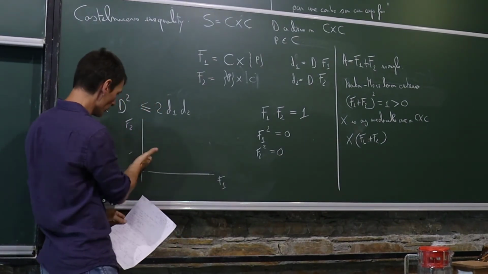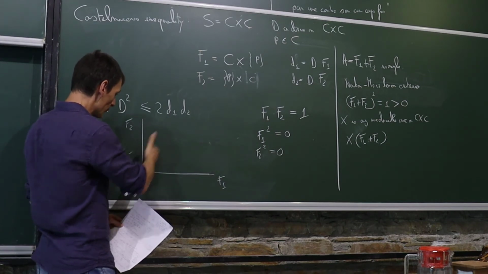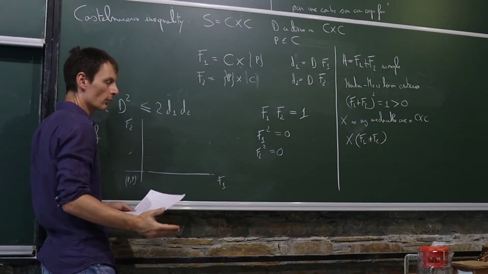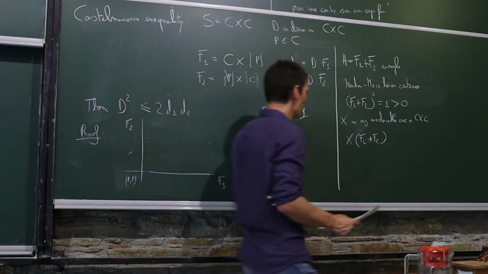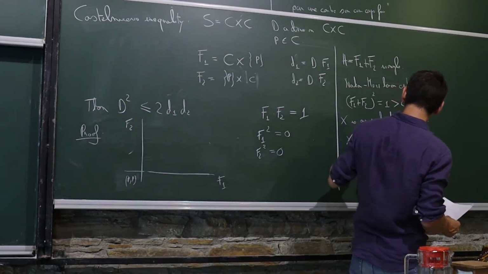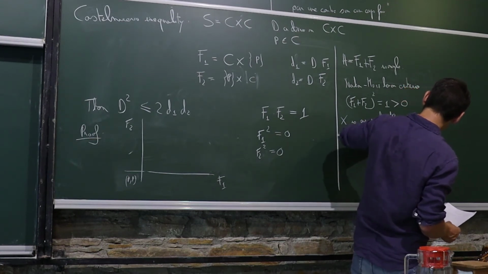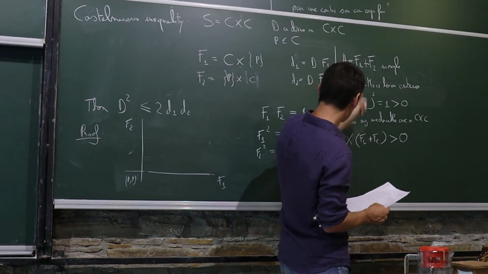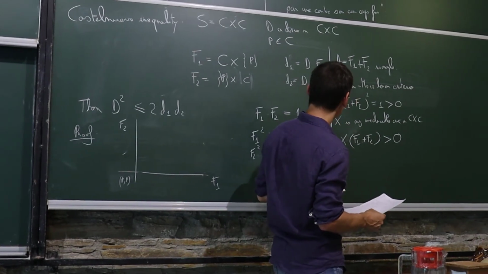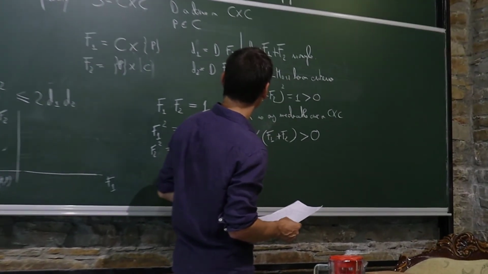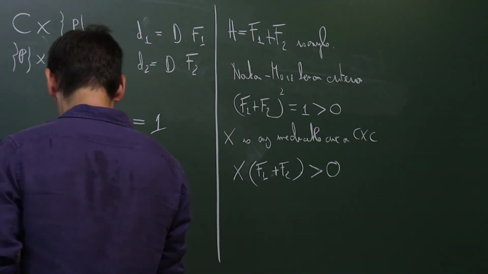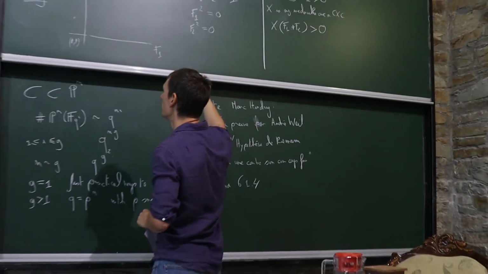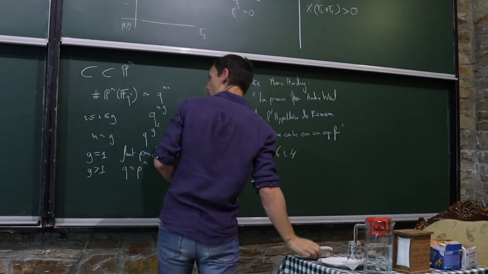And if it's not constant, it means that it needs to intersect the curve F1 or F2 in at least one point. So if this is the case, then this is also going to be positive. And because of this, and applying this criterion, you see that indeed H is ample. Okay, now I have all the ingredients to apply the previous result.